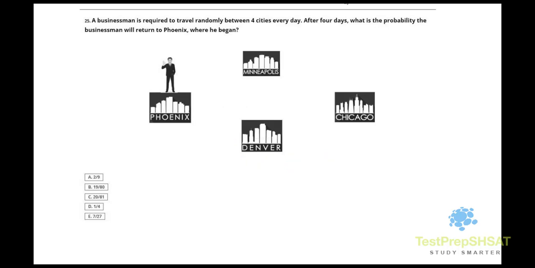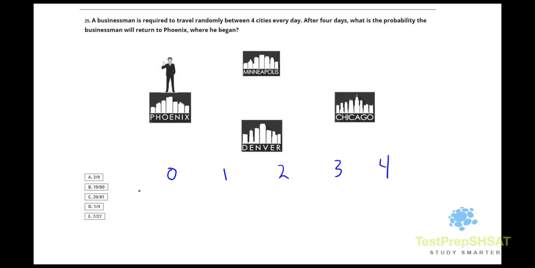There's another way to look at this problem too that might be more comfortable for you. A second approach might be the following way. We look at each day and ask, what's the probability he comes back to Phoenix? So we have days 0, 1, 2, 3, and 4.